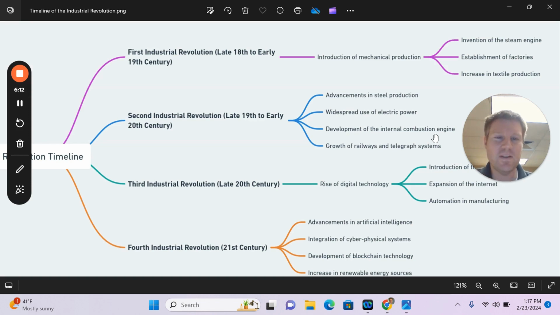So it's not just a European revolution or an American revolution. These industrial advancements spread quickly country to country. So it's not just Britain or just the United States. These are all global revolutions that are taking place. So that's the summary for the Industrial Revolution.